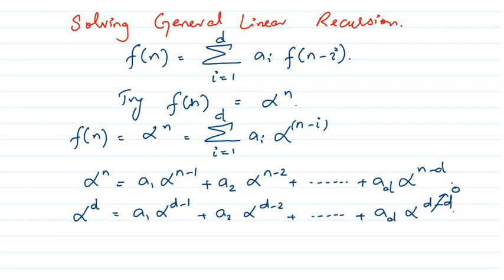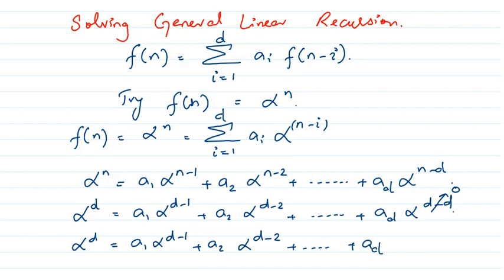So the equation at hand is alpha power d equals a1 alpha power d minus 1 plus a2 alpha power d minus 2, and so on up to the last term, that is ad.